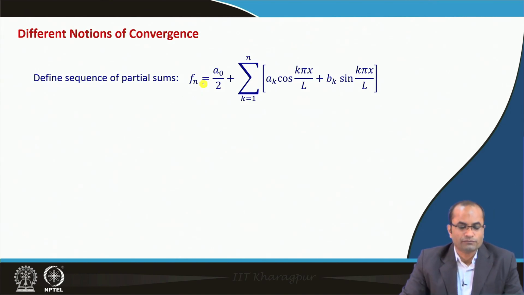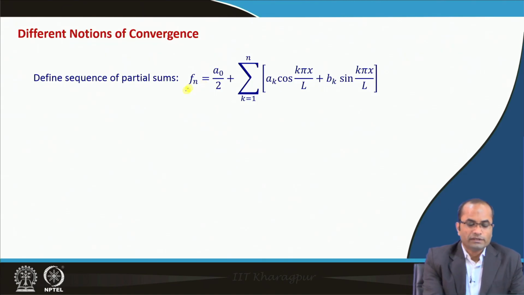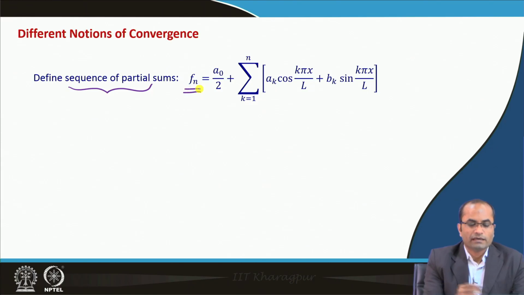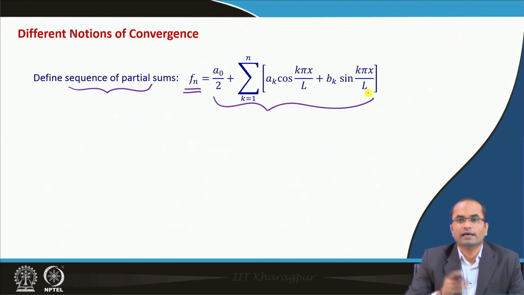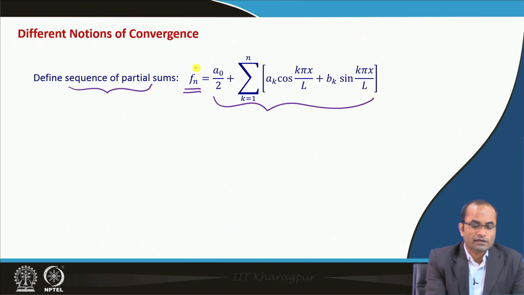Having this, for each value of n we have an f_n, that means f_1, f_2, f_3 and so on. And naturally, the question about convergence is what is happening when n approaches infinity. That means we are exactly at the Fourier series when n approaches infinity, and our aim is to find out what happens to this f_n.